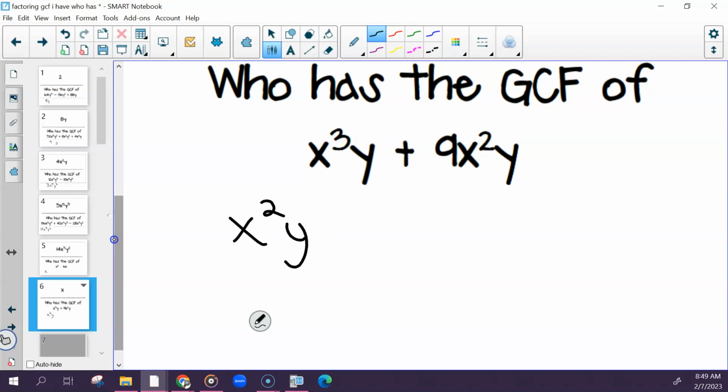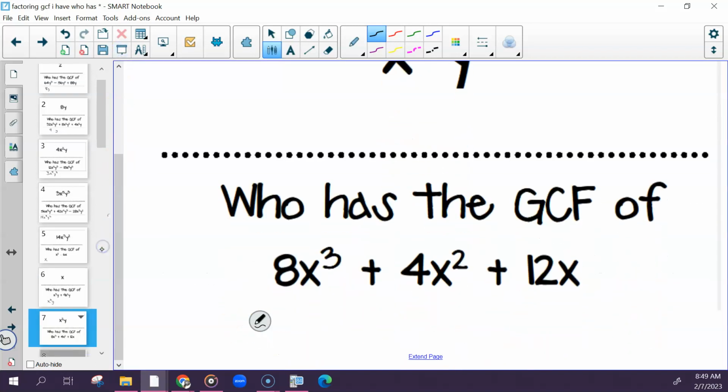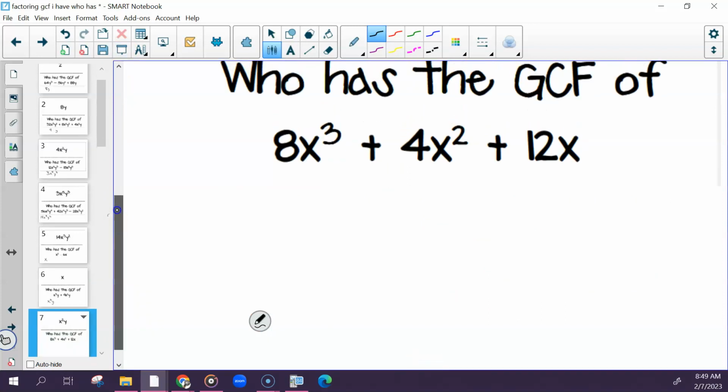Read it. X squared minus... who had the GCF of 8x to the third plus 4x squared is 12x? So Aiden found that GCF. 4x.